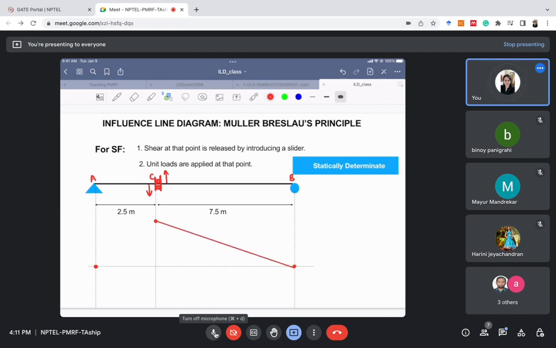Next, we have moved the left part, that is part AC, in downward direction. So this part C has come in downward direction. Now let's join this also. So we have joined this. Now let us join everything, and whatever we are getting is the ILD for shear force at position C.